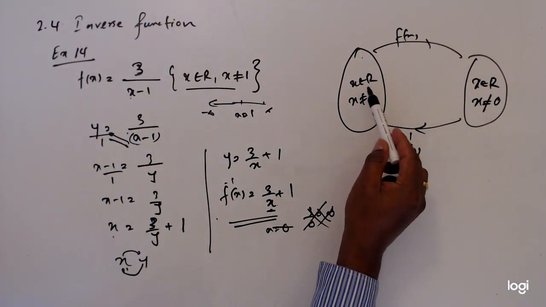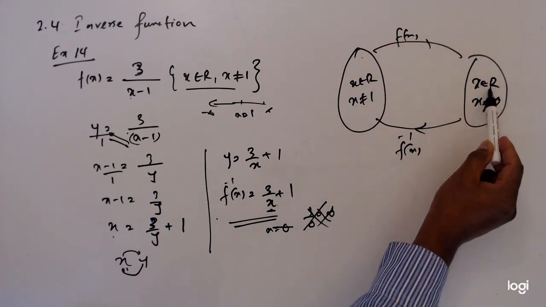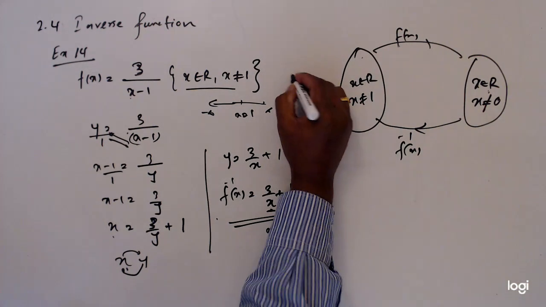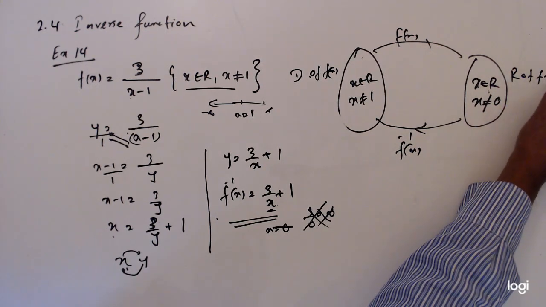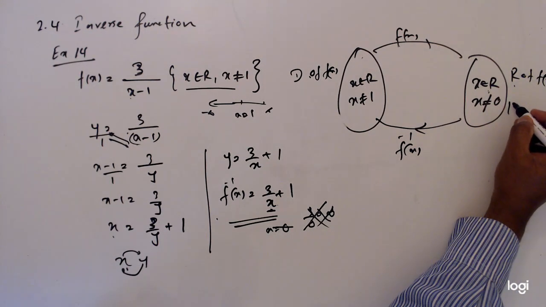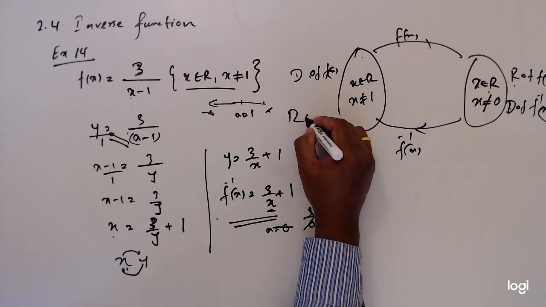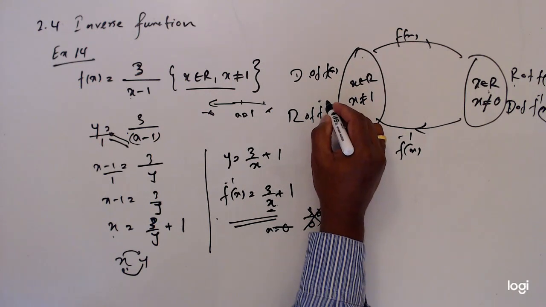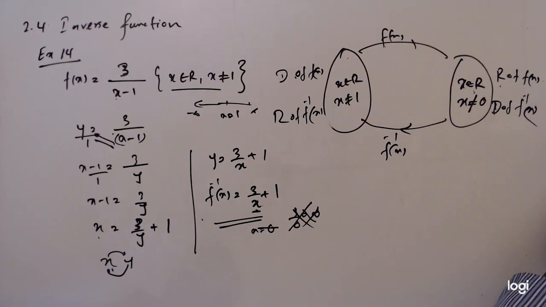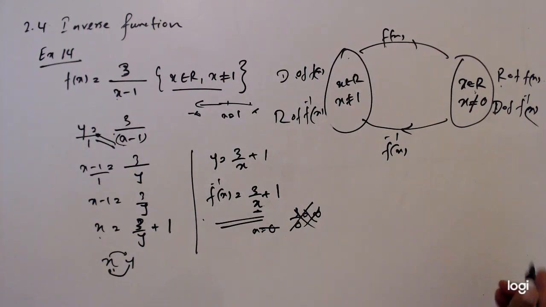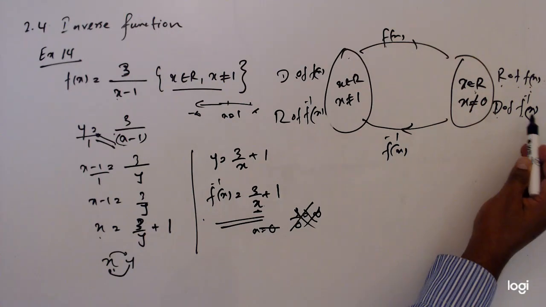Now you can see that this is the domain of f(x) and this is the range of f(x). So the domain of f(x) and range of f(x) become the range of f inverse x and domain of f inverse x. This is the range of f(x) and this is the domain of f inverse x.